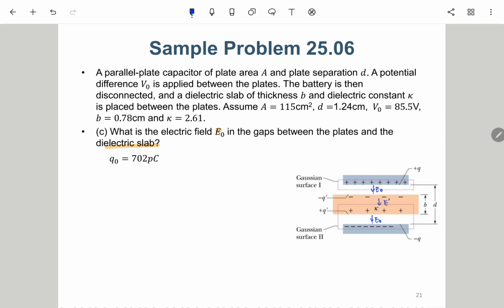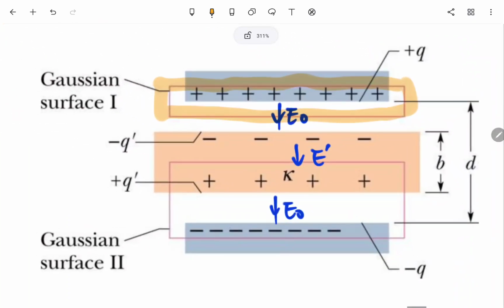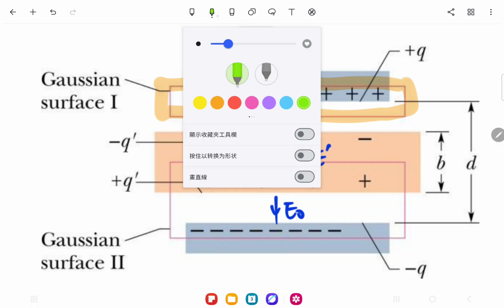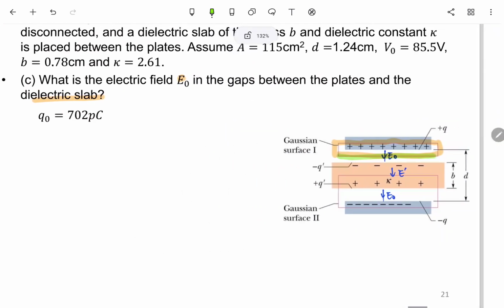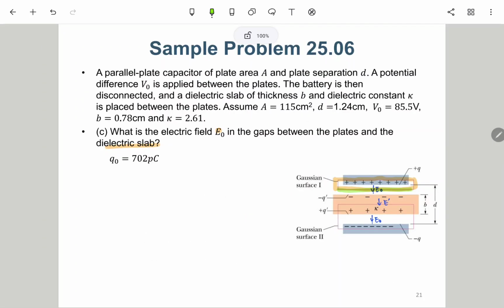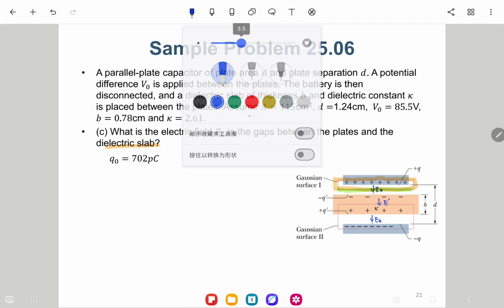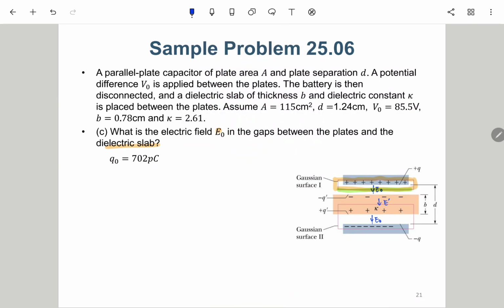So here what we try to do is assume a Gaussian surface. We make this Gaussian surface 1. Just as what we have done before, we can quickly say that only this side contributes to the surface integral, because I've already repeated it many times, so I won't explain it in detail again.